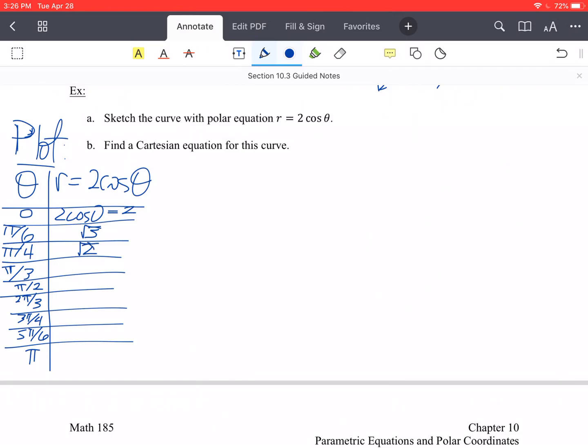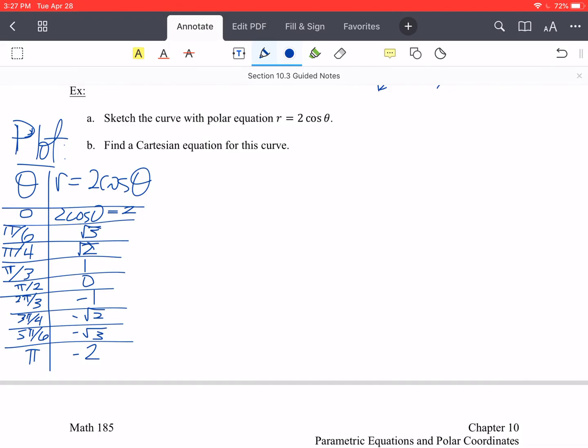For pi over 3, cosine of that is 1/2, times 2 is just 1. Cosine of pi over 2 is 0, times 2 is 0. Cosine of 2 pi over 3 is negative 1/2, times 2 is negative 1, etc. Then we're going to get negative root 2, negative root 3, and negative 2. So a bit of symmetry going on here.